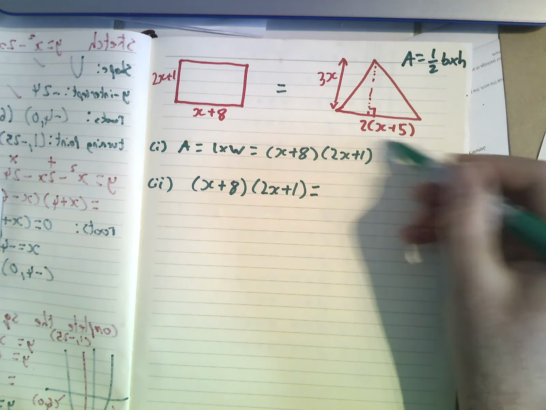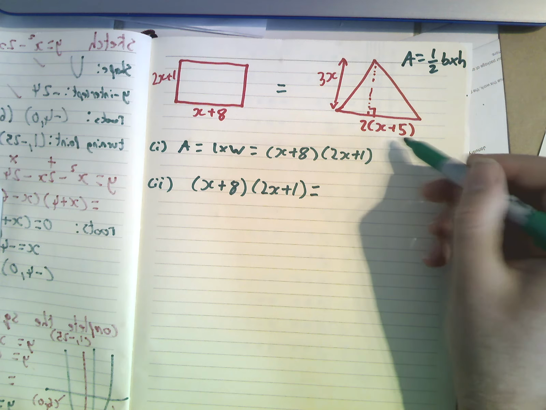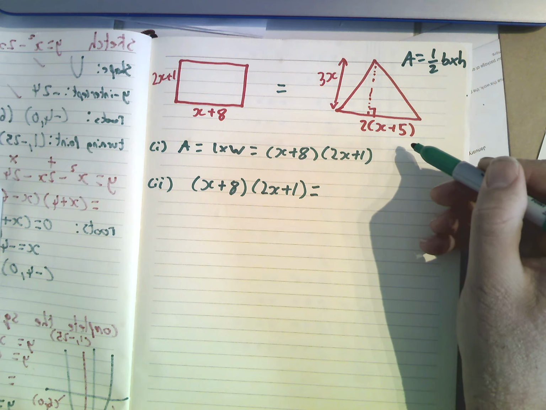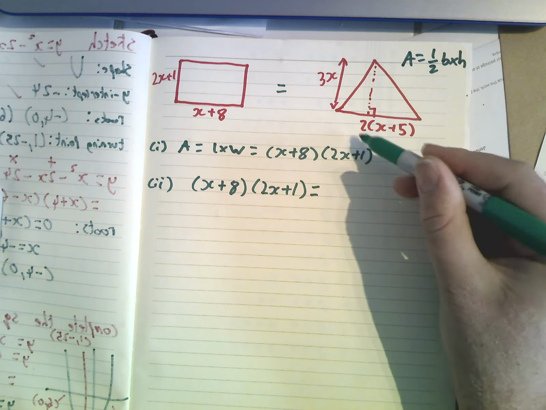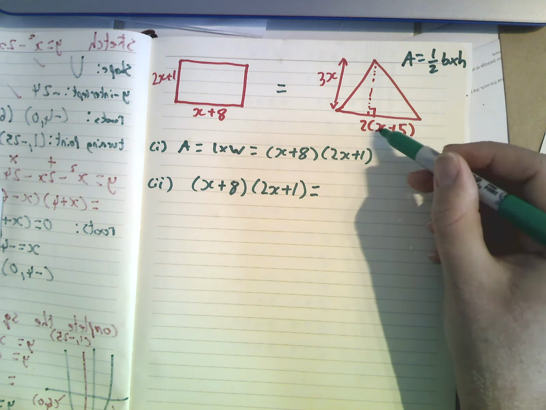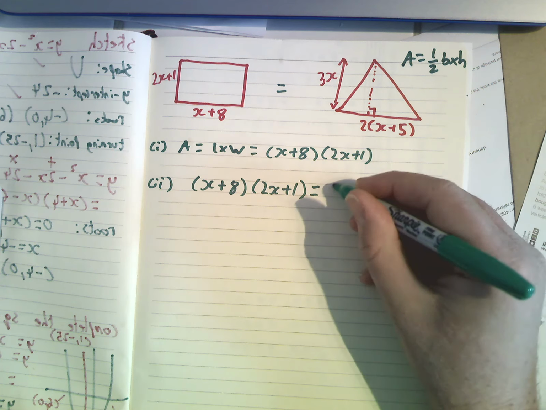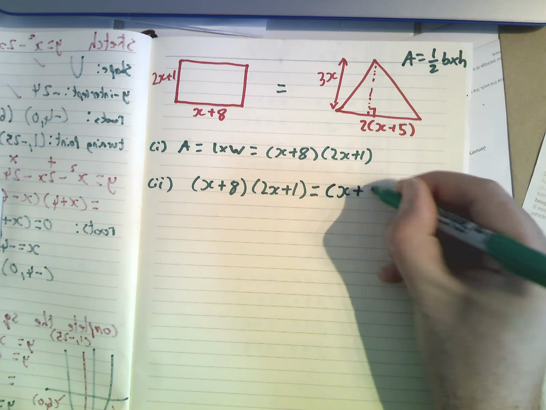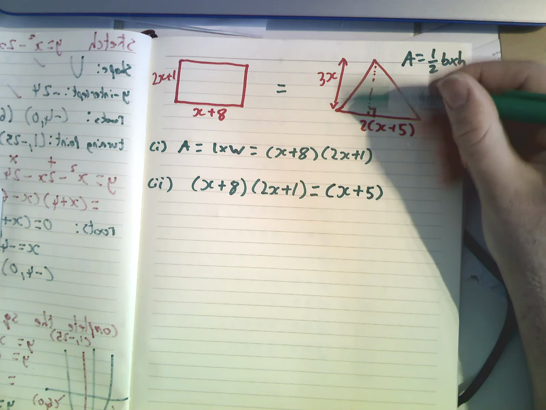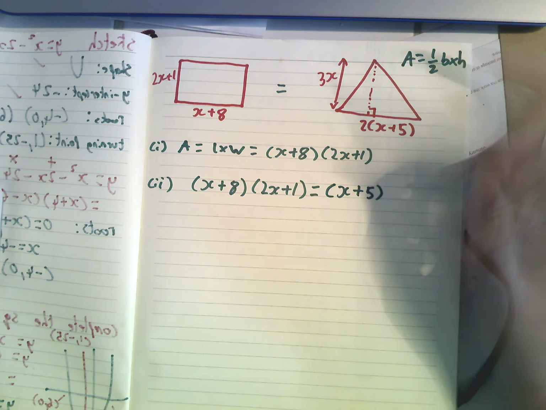Now this is the base of the triangle, so what is half of 2x plus 5 in brackets? Well, imagine dividing this by 2. If this is 2 lots of x plus 5, then half would just be x plus 5. That's the base. And what's the height? The height is 3x.